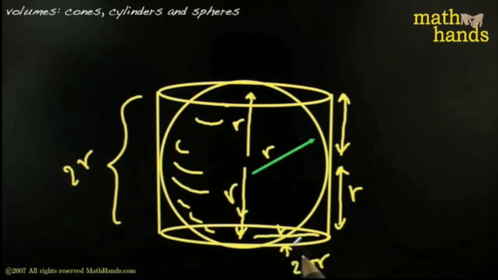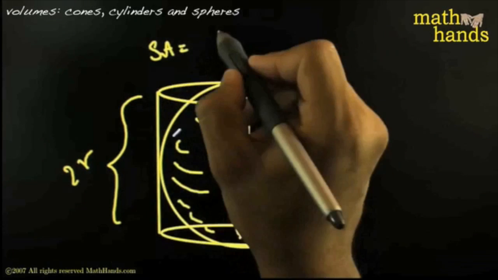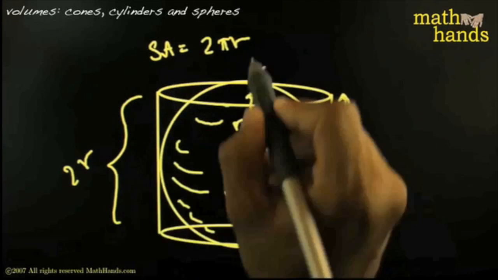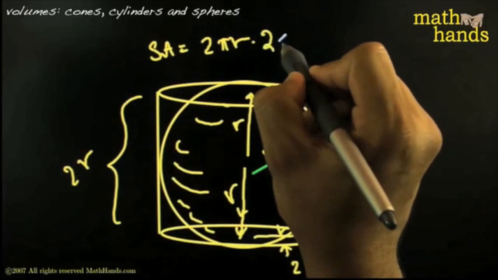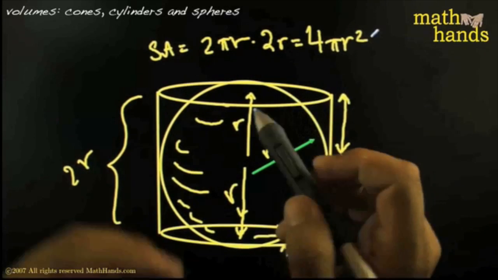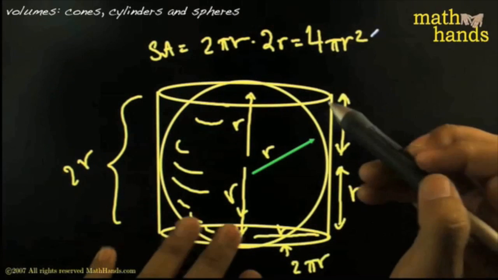So the surface area for the cylinder would be 2 pi r, that's the circumference around the circle, times the height, which would be 2r, which gives you a total of 4 pi r squared.